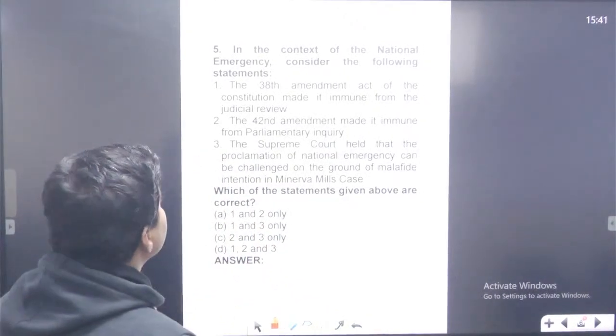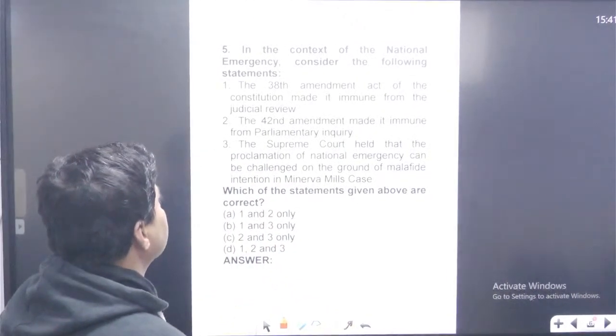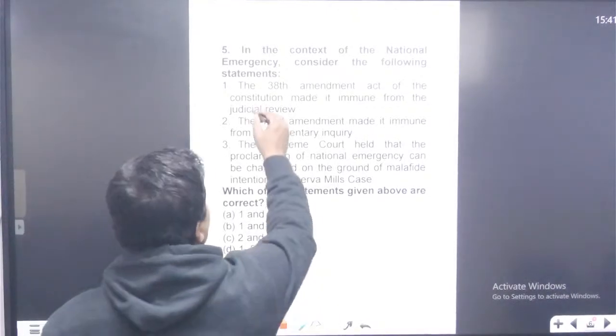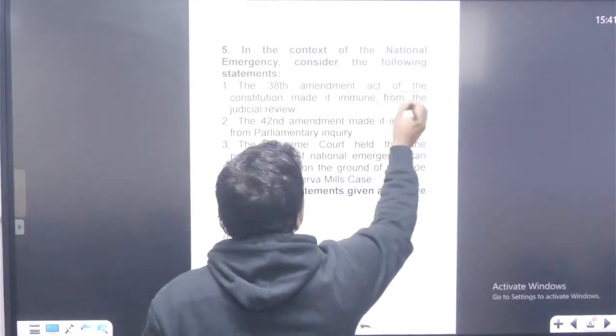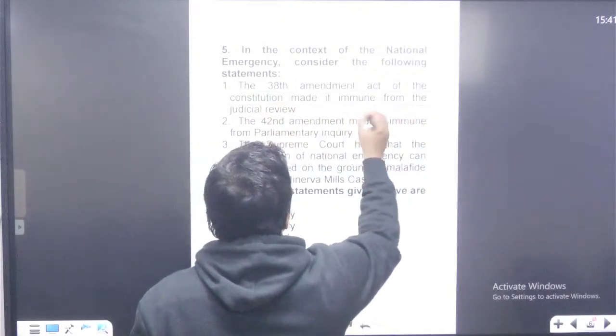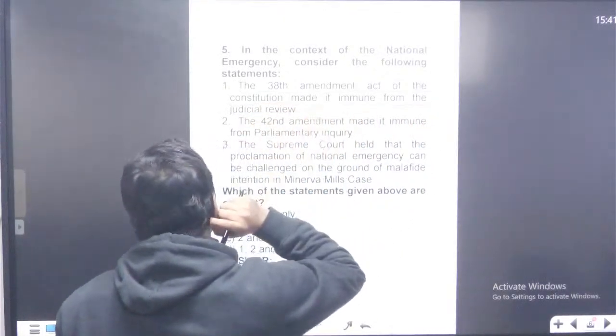In the context of national emergency, consider the following statement. The 38th Amendment Act of the Constitution made it immune from judicial review. Yeah, it is right.